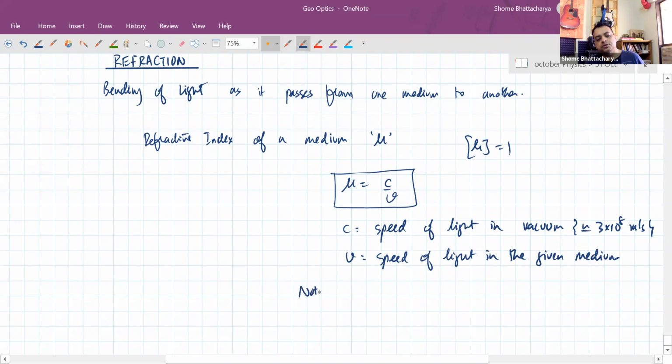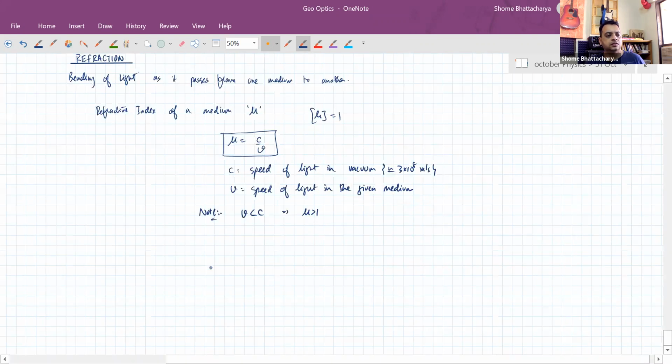So as you know, speed of light in any material medium will be less than speed of light in vacuum. So mu for any medium is greater than 1. So this is one thing about refractive index. So this is, you can say, the definition of absolute refractive index.